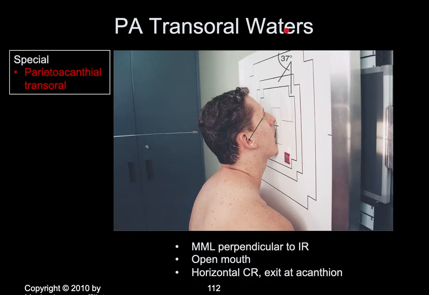PA transoral Waters. So MML is perpendicular to the image receptor, okay, and then open your mouth. So you're going to set up to where the MML is perpendicular, and then you're just going to drop the mouth open. Keep your central ray the same. This still forms a 37 degree angle, and you are still exiting at the acanthion, okay? So a horizontal central ray, just with the open mouth.